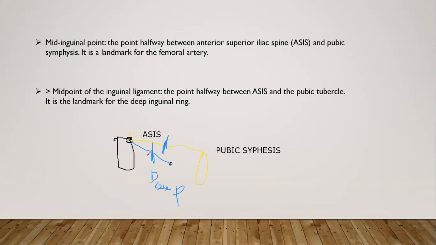So that will help you diagnose whether it's a direct or indirect inguinal hernia. And that test is known as what? The deep, or rather internal, ring occlusion test. That is what you do during examination. In short, know these 2 points very, very well.